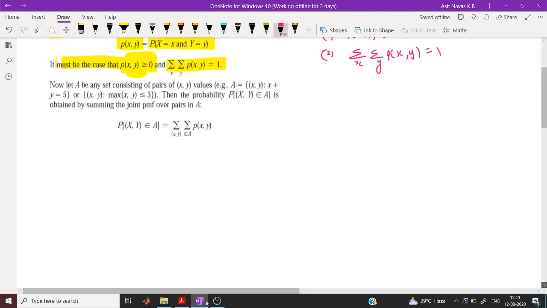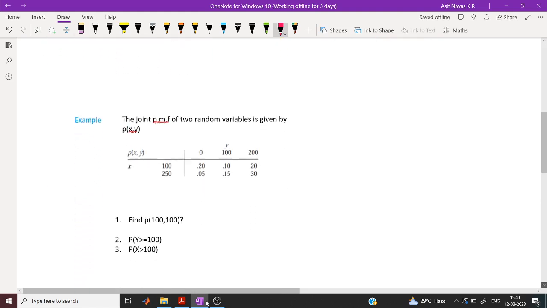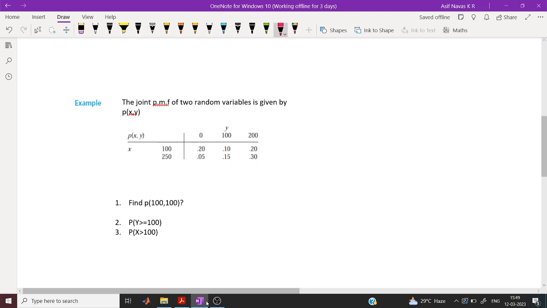Now we will consider an example. This is the joint probability mass function of two random variables X and Y, denoted by p of xy. Here Y takes the values 0, 100, 200 and X takes the values 100, 250, and these are the corresponding probabilities.